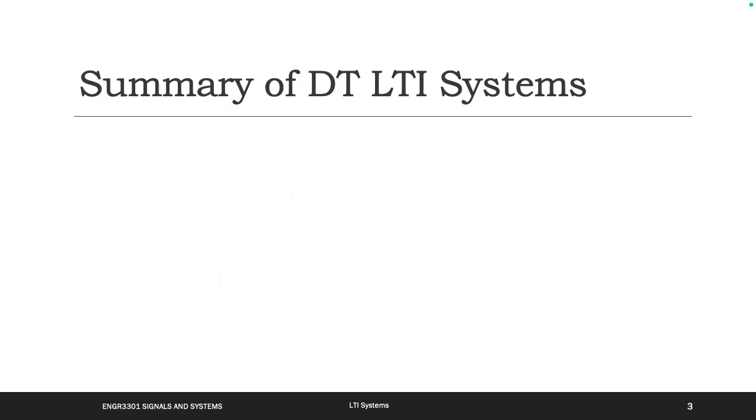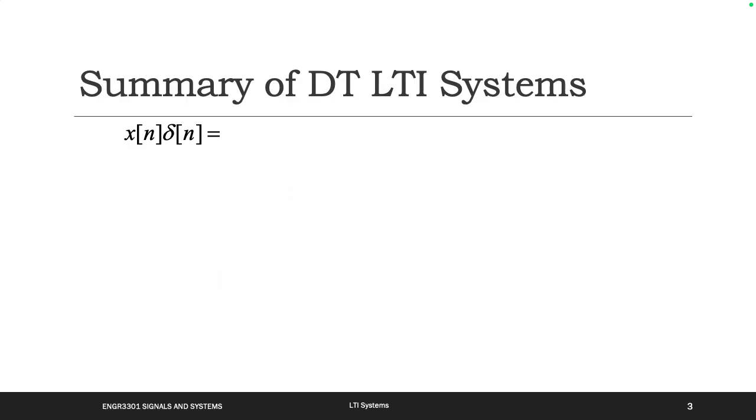Firstly, let's review. Let's do a summary for the DT-LTI system. Before we get the equation for the DT-LTI system, we induced it step by step. So what's the result for this one?